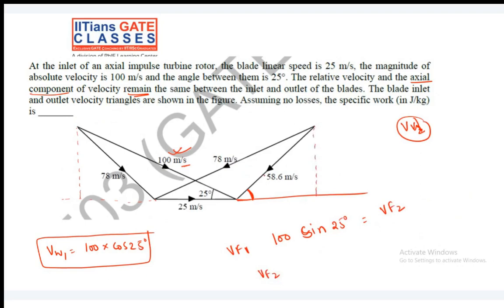So can I say that this is 58.6, and let us say that this angle is alpha. So can I say that this is 58.6 sine alpha, but it says that Vf1 is equal to Vf2. So can I use this relation that 100 sine 25 degree is equal to 58.6 sine alpha? Using this concept, find out what is alpha. Tell me the value of alpha.